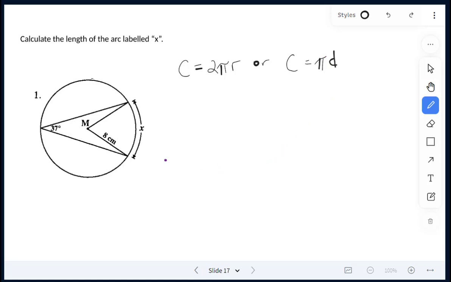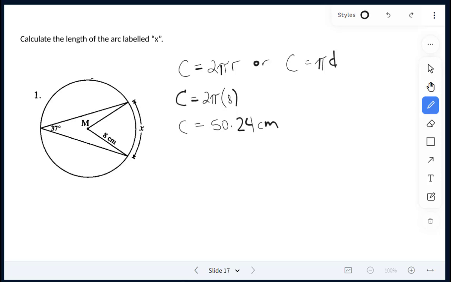And we know our radius, it's shown here because this is the center to the outside. It is given as 8 centimeters, so we can just use 2 pi r. 2 pi times 8, and you should get circumference is equal to 50.24 centimeters. All right, so that's our circumference.